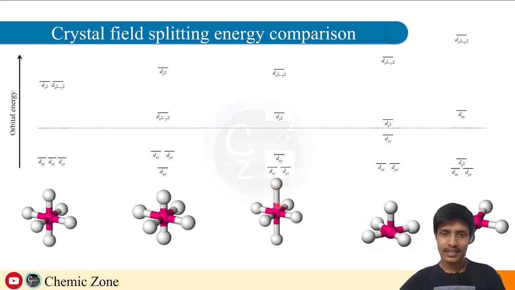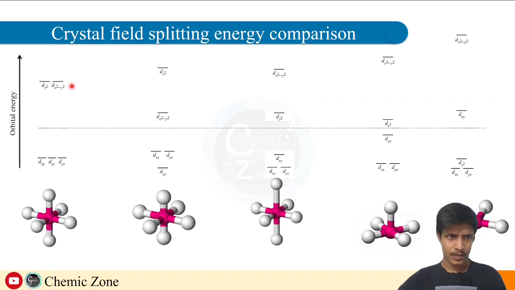As a result, the dz square orbital will be stabilized. So the two axial orbitals will be split. In this case it will be totally opposite. All the x and y term orbitals will be in higher energy, since the ligands are going away from the metal center in the z direction. So the z term orbital will be stabilized.